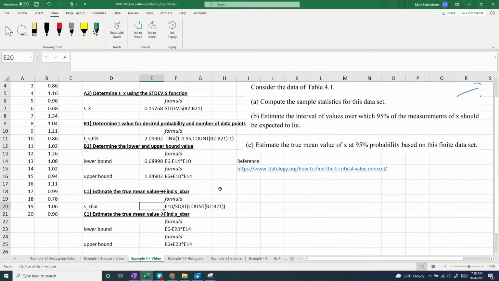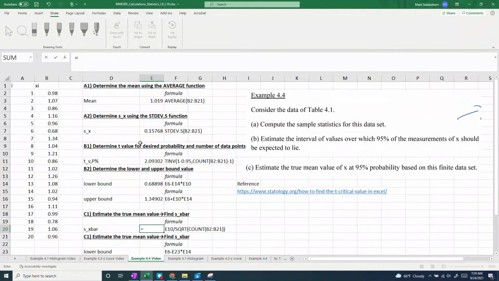To determine SX bar, we're going to take our value for the standard deviation that we found earlier and divide that by the square root of the total number of data points. So we're just going to count the total number of data points in this case, which is here.